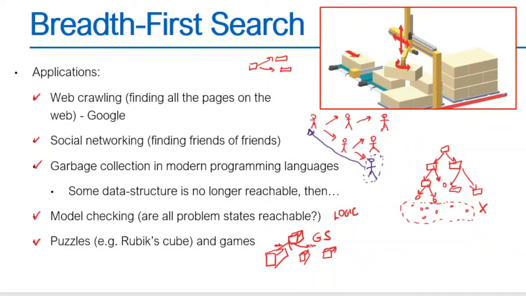And each game state has actions leading to other game states. So eventually a BFS, which is a bit computationally expensive, could be used to find the optimal path to a solution, a game state which is a solution.